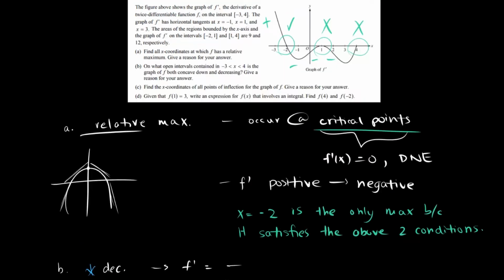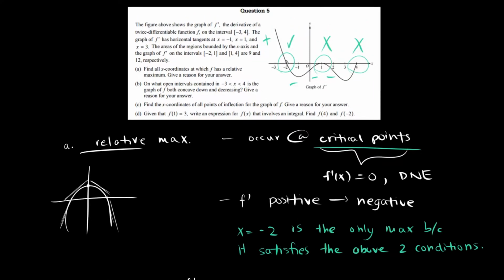So the graph is decreasing, or f prime is negative, on the interval from -2 to 4. The graph is concave down, or the slope of f prime is negative, on the interval -2 to -1. It's positive here, then negative from 1 to around 3, and then it's positive to 4. So these regions overlap here from -2 to -1, and here from +1 to +3.